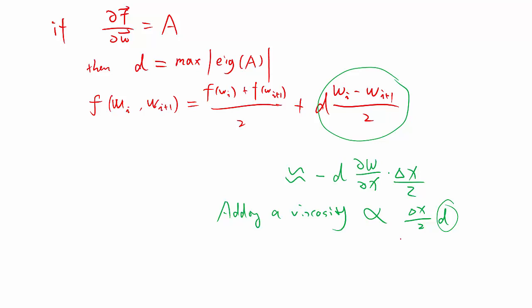Okay, that's how numerical viscosity works for systems of conservation laws. It is a way to approximately solve the Riemann problem, which gives you the interface flux in the presence of discontinuity. Any questions on this?